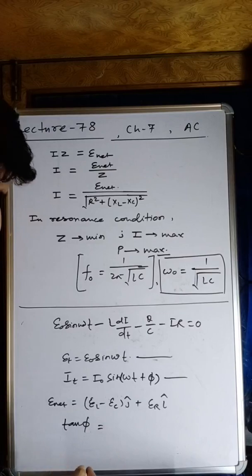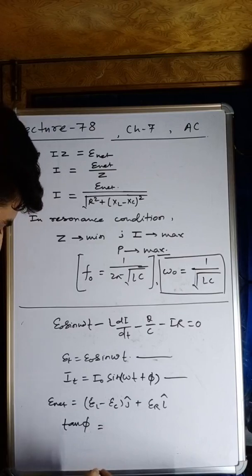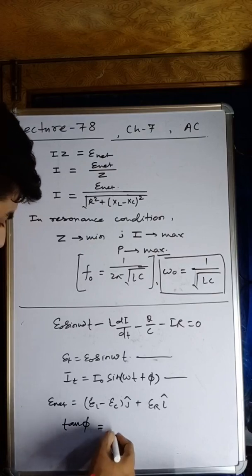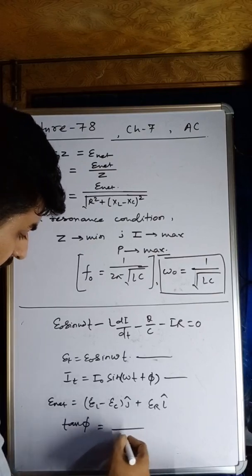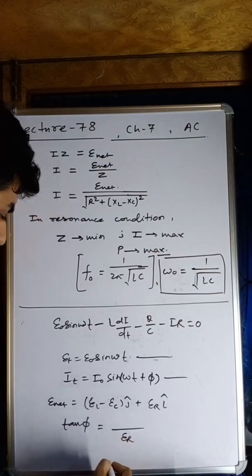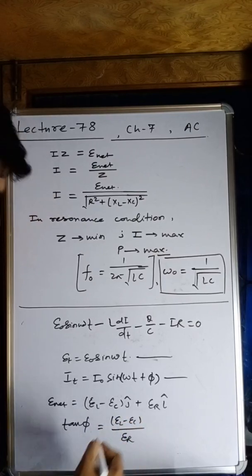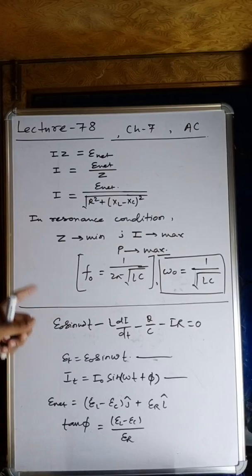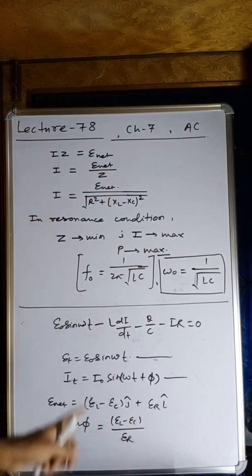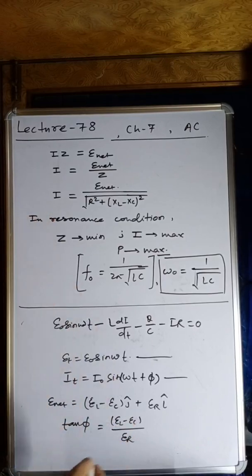Tan phi can be written as (EL minus EC) by ER, with ER along the x-axis. I have discussed the phi earlier, and that was the phi we are considering here. So this is the phase angle, that is the phase difference between current and voltage.